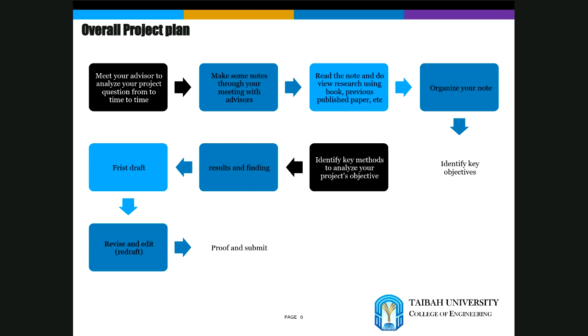If you're looking for information about design, you have it in note number 2, maybe for chapter 2 or chapter 3, whatever the organization. In this way, your writing will be more effective. So organize your notes.